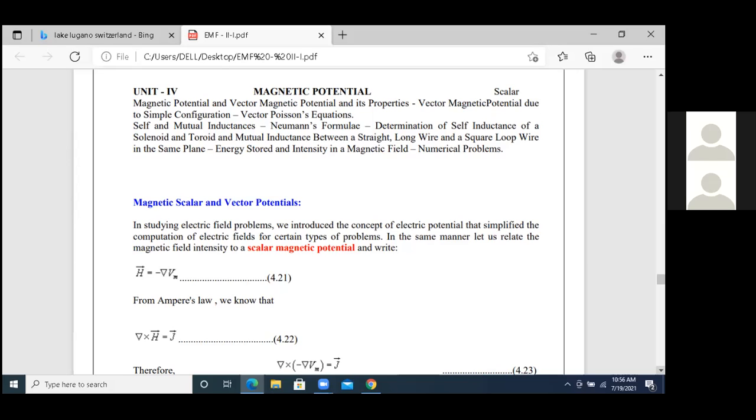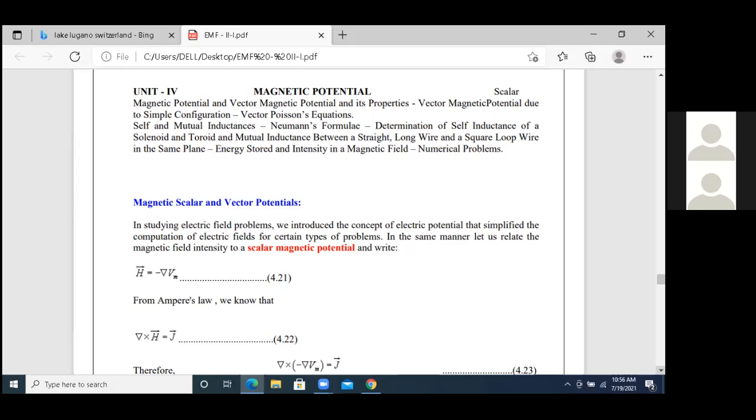So we're gonna do, in Unit 4, some interesting stuff now. Magnetic potential and vector magnetic potential and its properties.